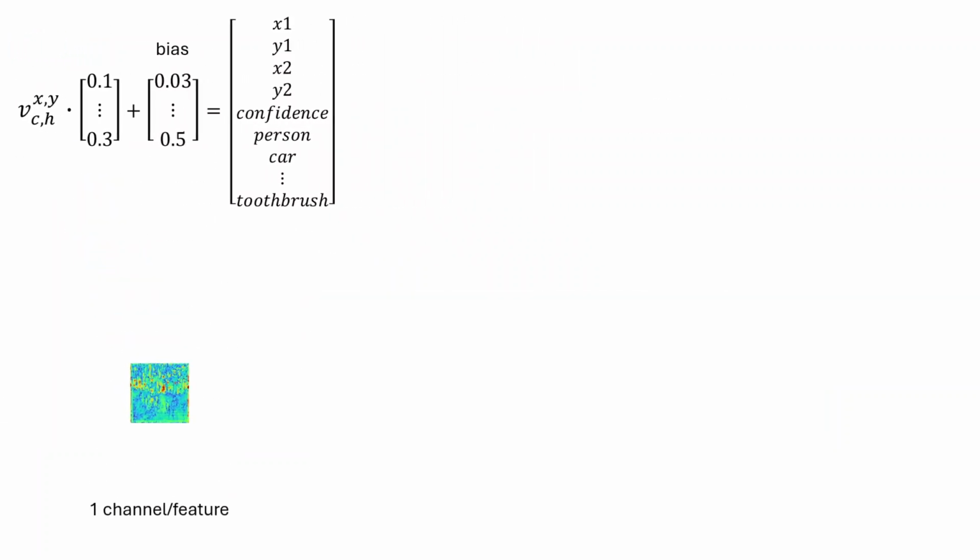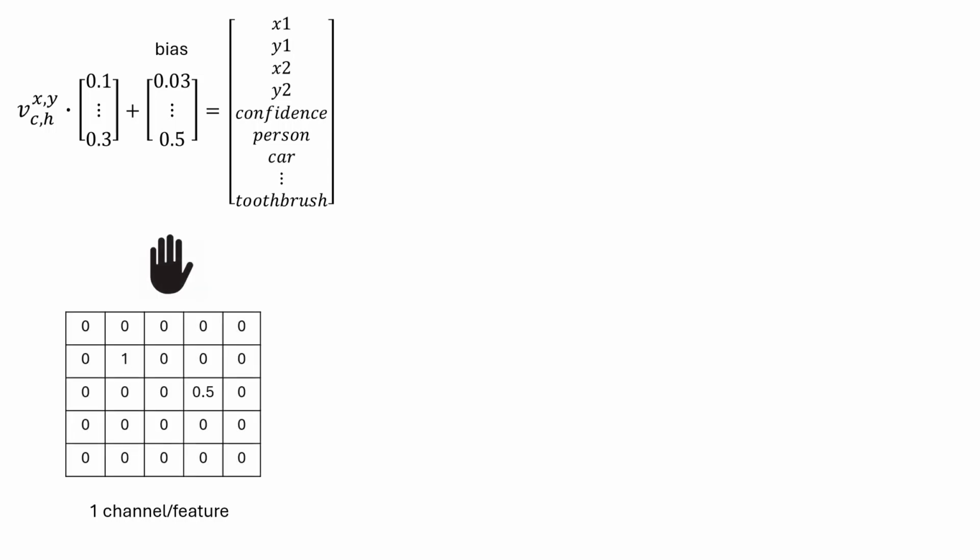Next step. I'm going to explain a little bit better, but also making an assumption. So what really is going on in one channel? For that, I'm going to do a gross oversimplification. Let's say you've got one channel and it predicts hands. It doesn't work like this, because the real features are much more subtle, and it's not so simple.